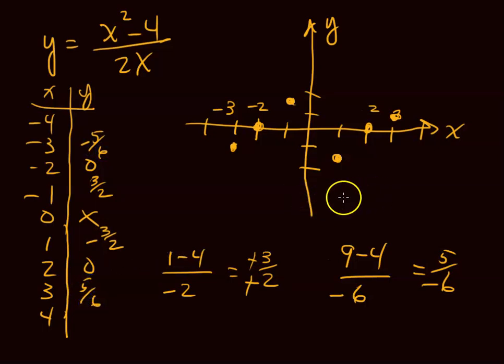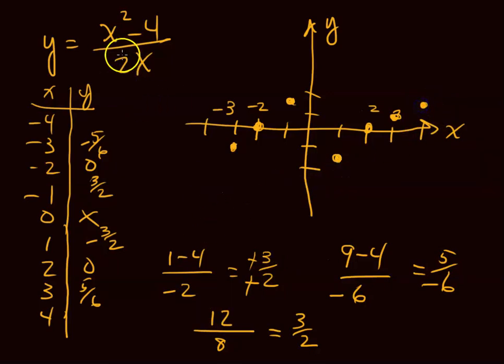At a negative 4 and a positive 4. At 4, let's see, 4 squared is 16 minus 4 is 12. 2 times 4 is 8. You reduce this, divide both numerator and denominator by 4, we get 3/2. So with a positive 4, we're at 1.5.